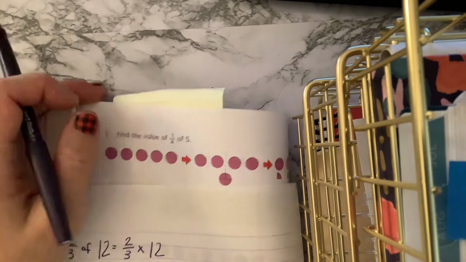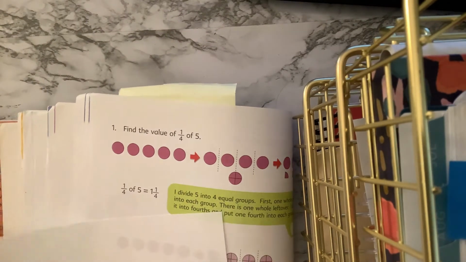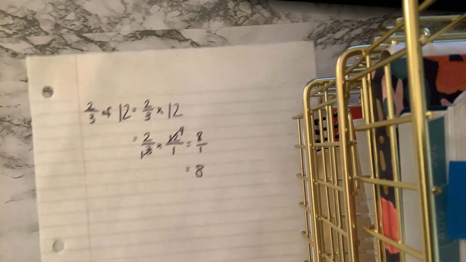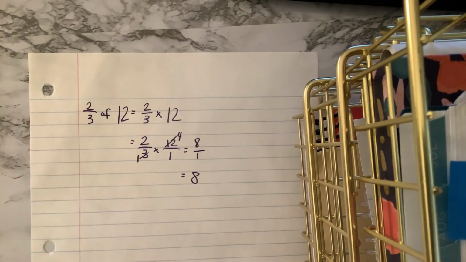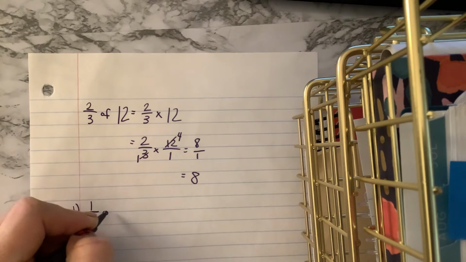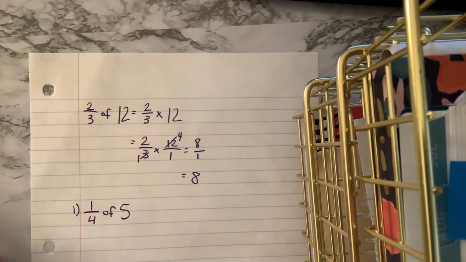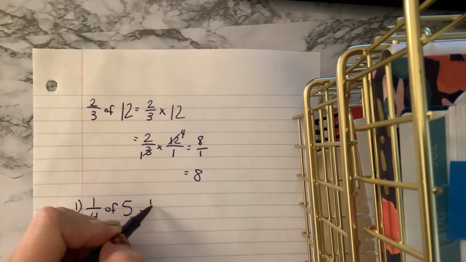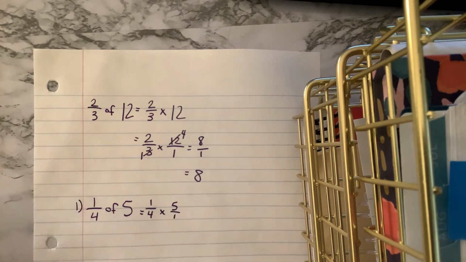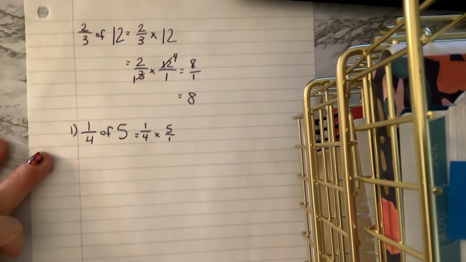But mathematically speaking, we can work that out, okay? By saying, what is 1/4? We're looking at number 1. 1/4 of 5, which remember is the same as multiplying 1/4 times 5, which we know by now is 5 over 1.